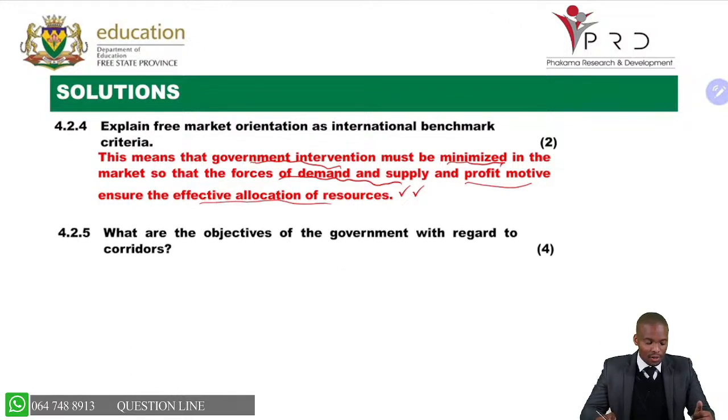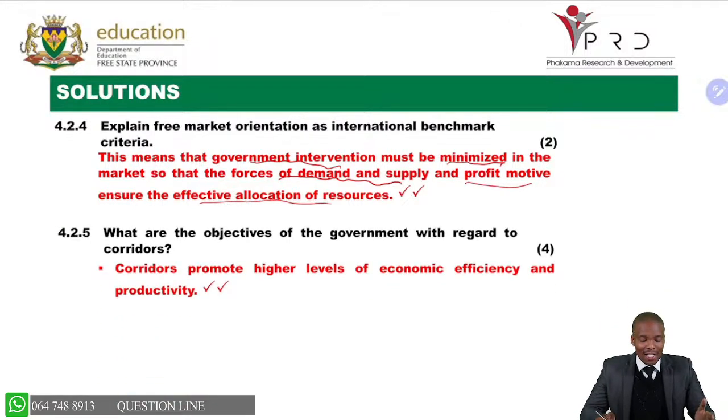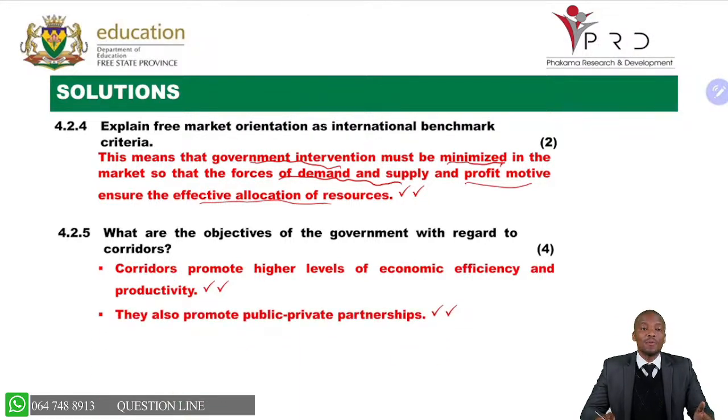Okay, the last one. What are the objectives of government with regards to corridor? Okay, corridor, they promote high levels of economic efficiency and productivity. They also promote the PPP, public-private partnership.